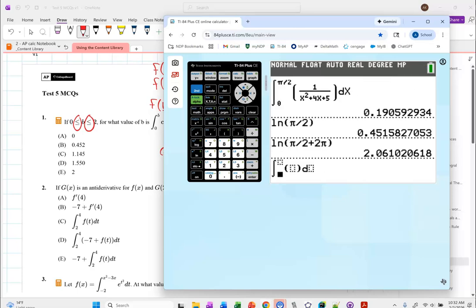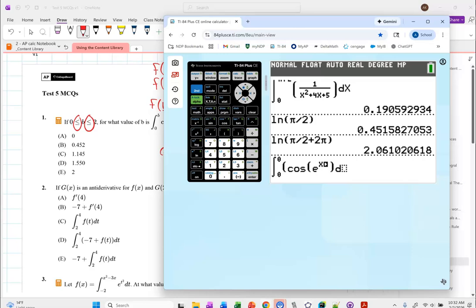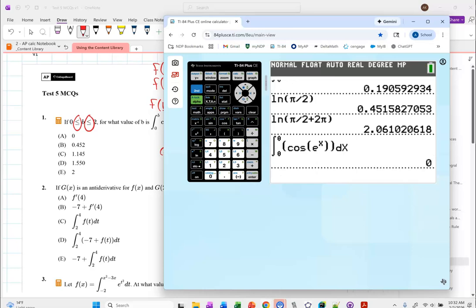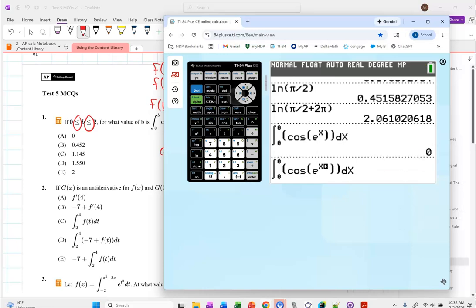Integral from 0 to 0 of cosine of e to the x dx, so I know that one. And we'll change that to 0.452.